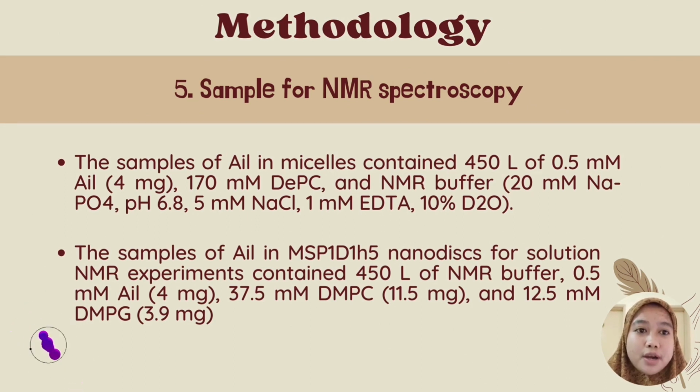For the solution NMR experiment, the sample of Ail in micelles contained 400 microliters of 0.5 mM Ail. The sample of Ail in MSP1D1H5 nanodiscs for the solution NMR experiment contained 450 microliters of the NMR buffer and 0.5 mM Ail.